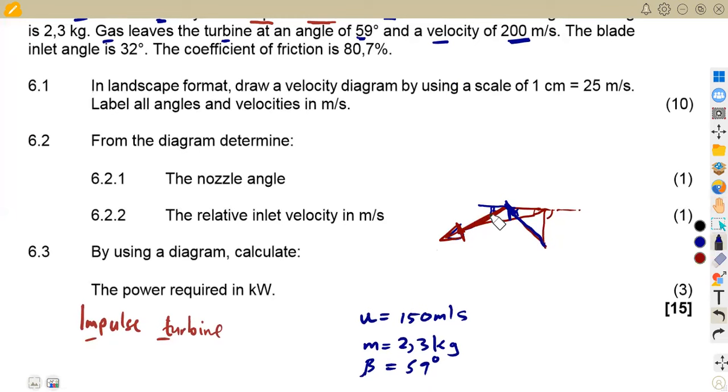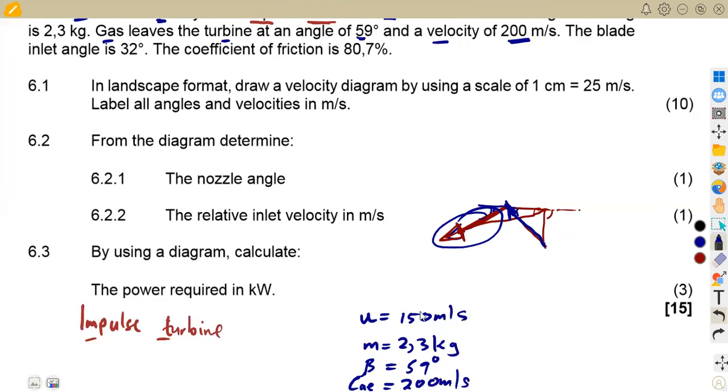It's going at angle beta and also affected by this velocity, which is the one that we are referring to as the exit actual velocity, or you can just say absolute exit velocity. I don't know the way that you're going to take it. So that is the one at the exit in this case, okay, which is 200 meters per second.